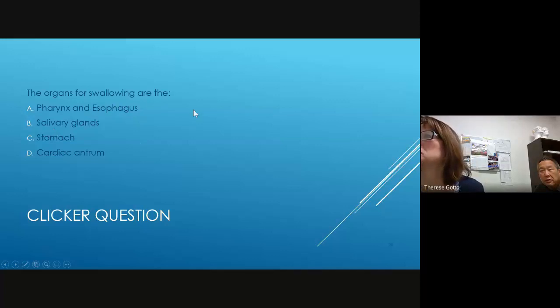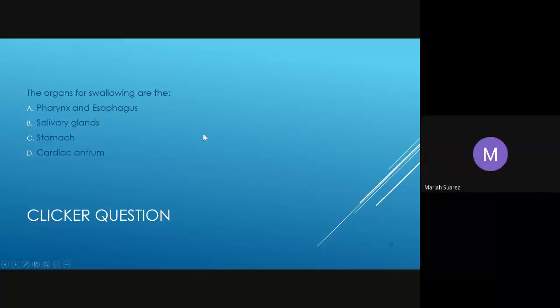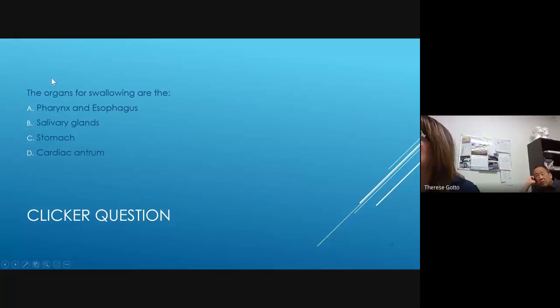Okay, organs for swallowing. Anybody? How about salivary glands?